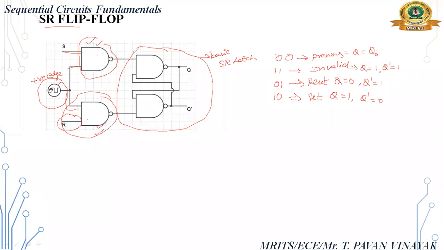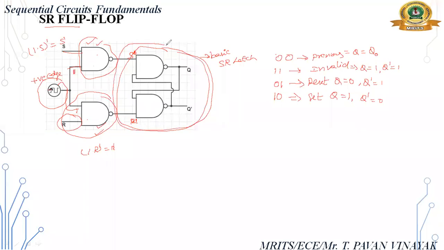So this is S bar, this is R bar, because the clock is always 1. 1 into S whole bar is S bar. 1 into R whole bar is R bar. So we get S bar and R bar.